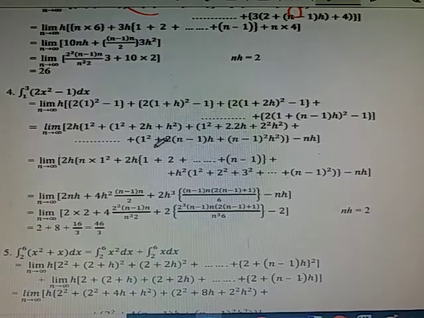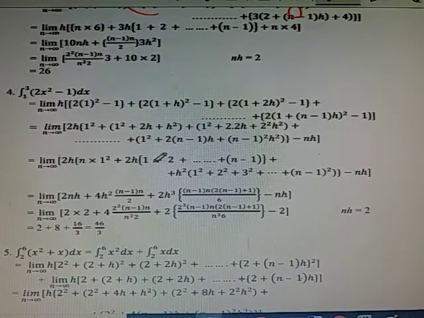So the coefficient of h is, first it is 2, then it is 2 into 2, then it is 2 into 3, etc. And the square term also here. So you use the formula.